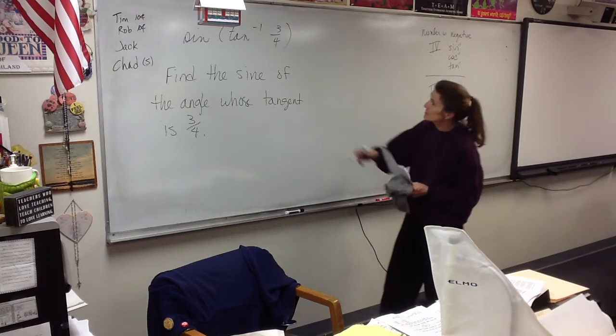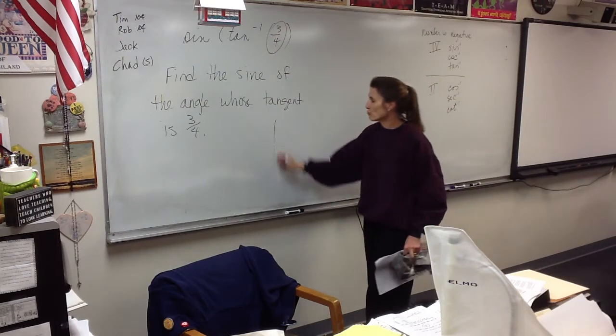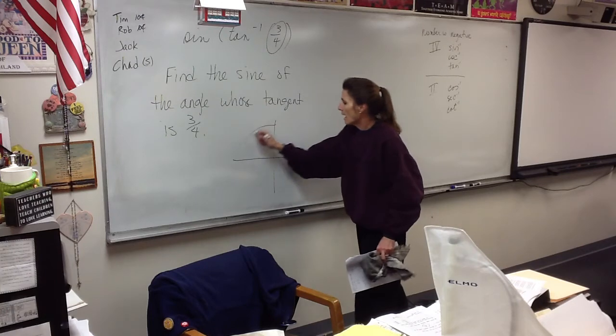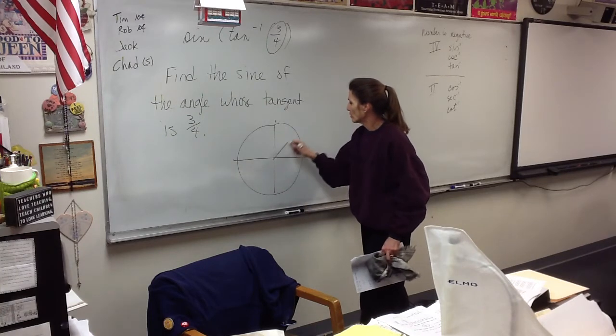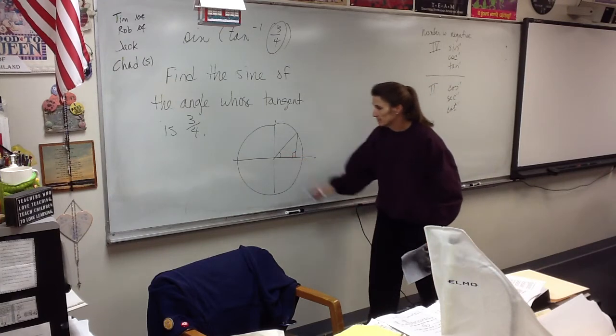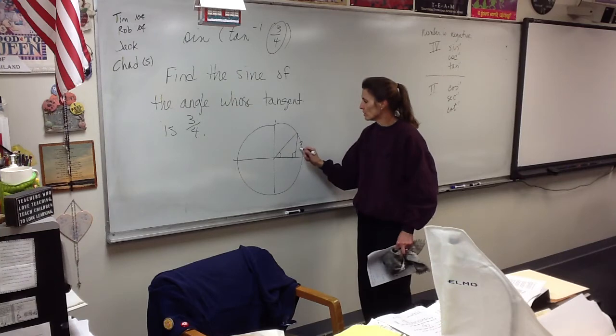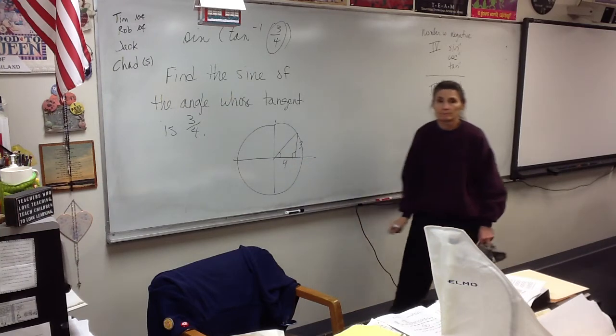Now, do you see how this number is positive? That means when I draw this angle, I will draw it in quadrant 1. Here it is. Its tangent is 3/4.